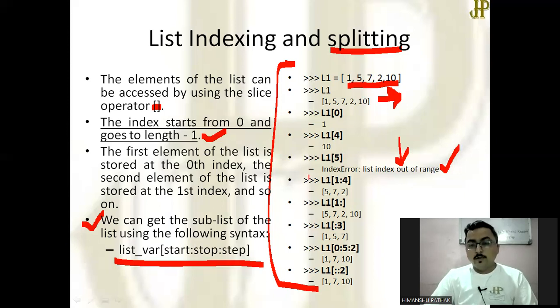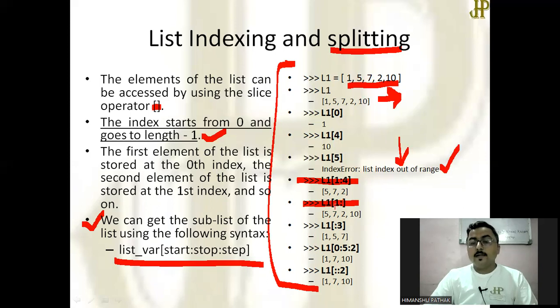Now, I am going to fetch a sublist. Here I have given the starting point and the ending point. It will start from 1 and go up to the 4th position minus 1, that is the 3rd position. So 1, 2, 3: 3 elements will be printed. 1st position 5, 2nd position 7, and 3rd position 2. You can write it like this also.